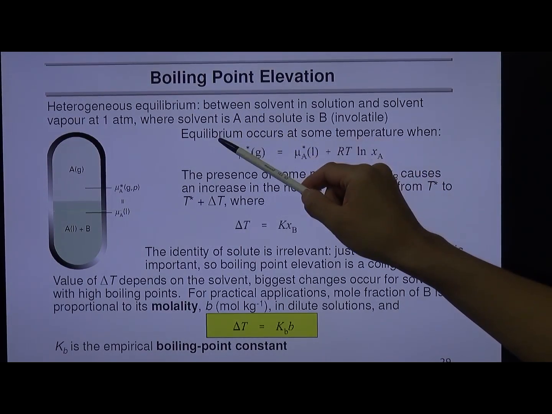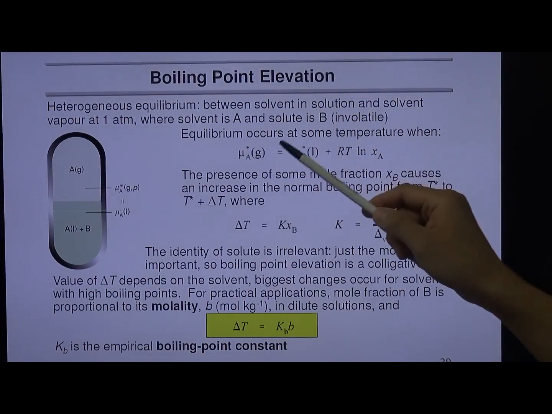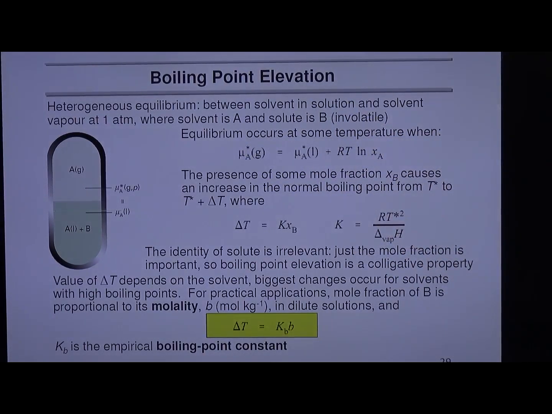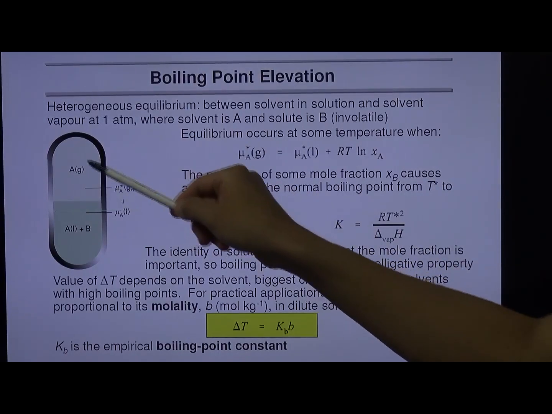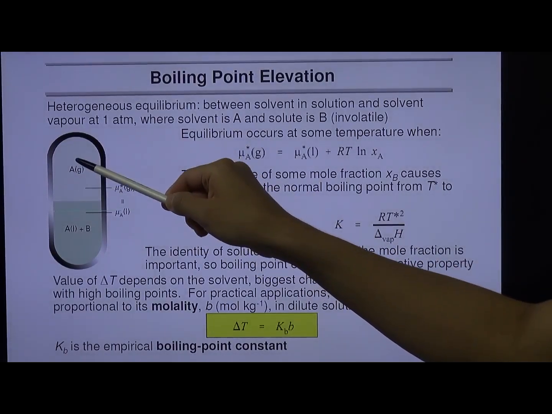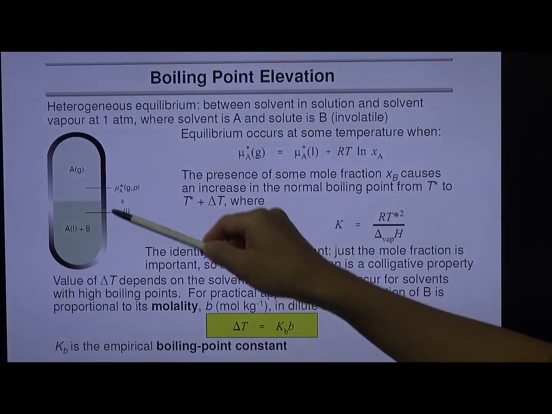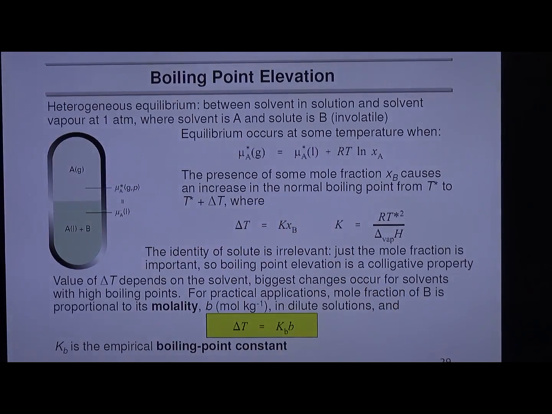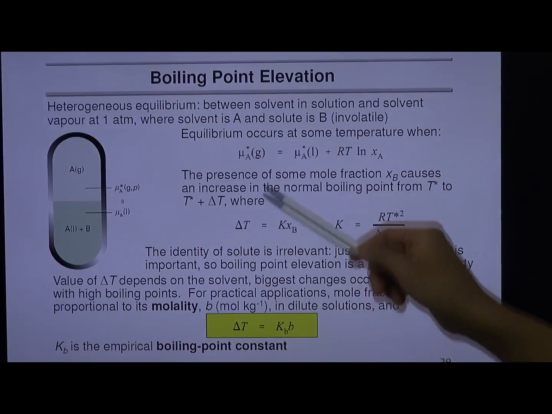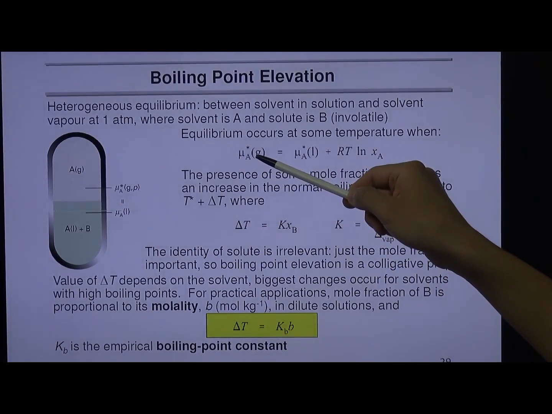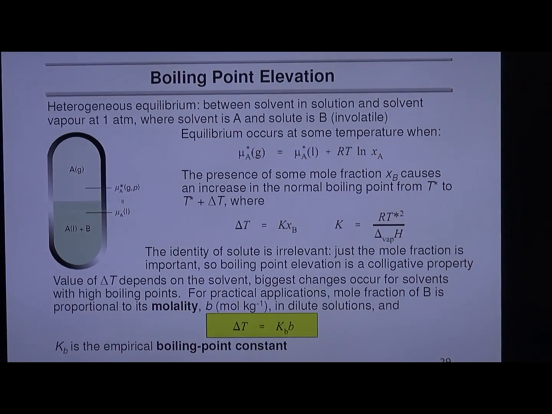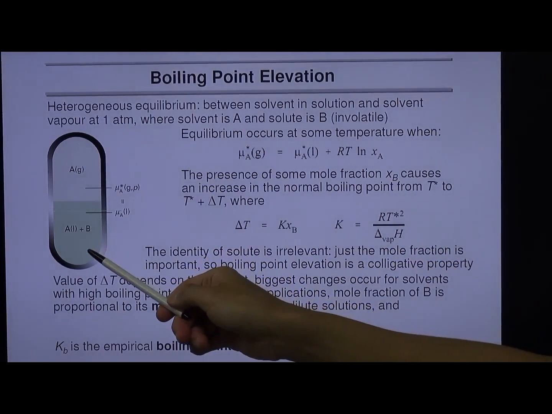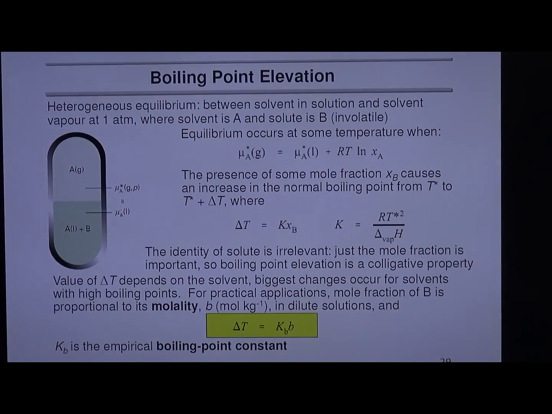And at equilibrium, we know that chemical potentials of two different phases are the same. Okay? So chemical potential of A in the gas phase should be the same as chemical potential of A in the liquid phase. Here we put star because there is only A in the gas phase, right? B is not volatile. That was the assumption in dealing with colligative properties.